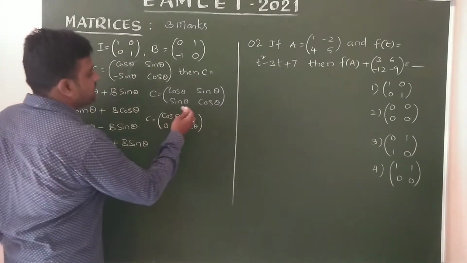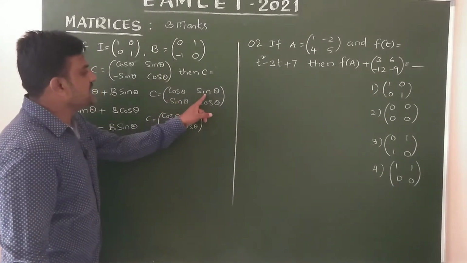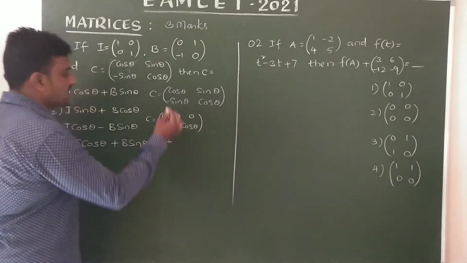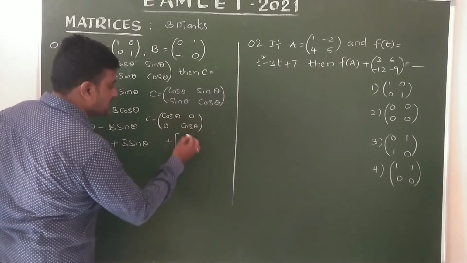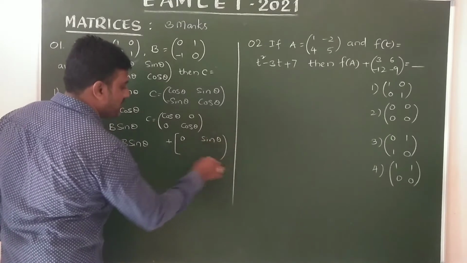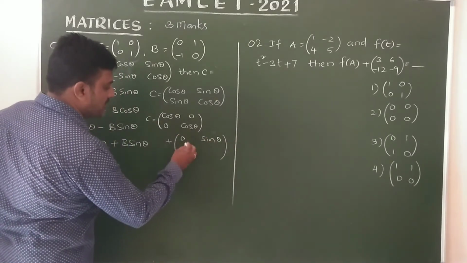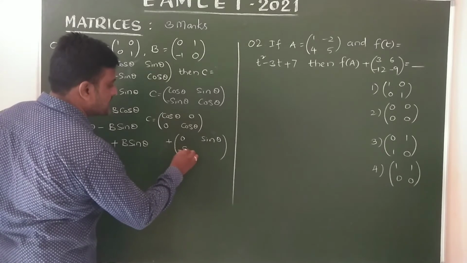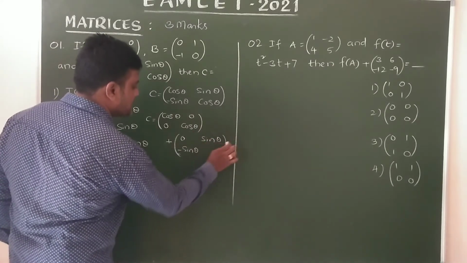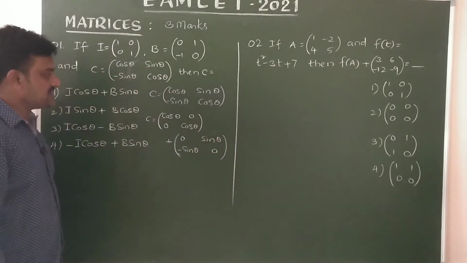And here, next to cos theta, we need sin theta, and also here we need minus sin theta. That's why I am writing like this: 0 sin theta, and here minus sin theta and 0. Write once.